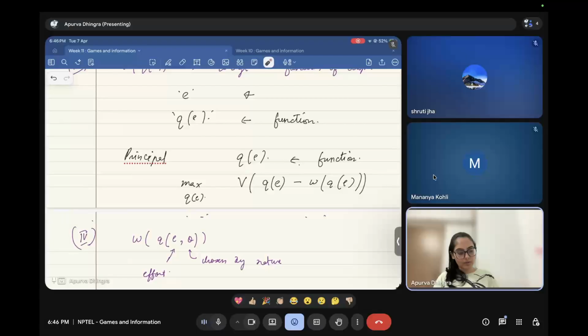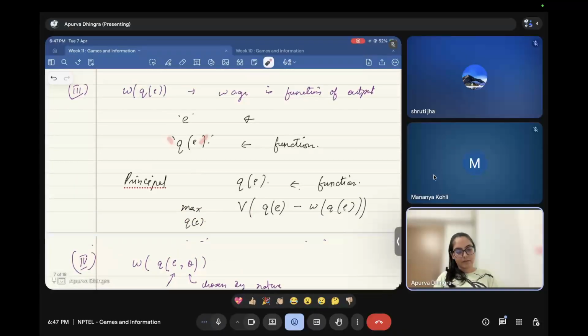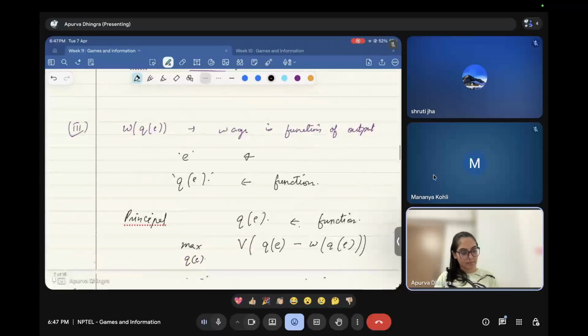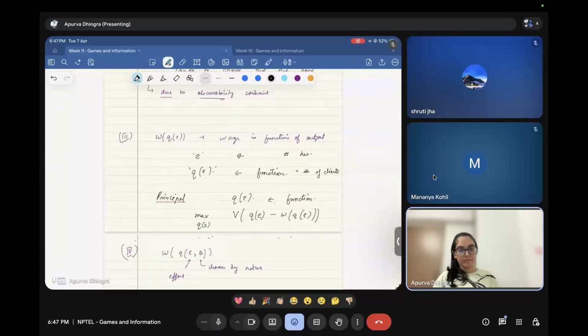This is still showing us that efforts have a dependence, but the layer that actually matters is this function. One example could be, this could be number of hours, this could be number of clients. So this is still not a trivial case, and there is something that can be done.